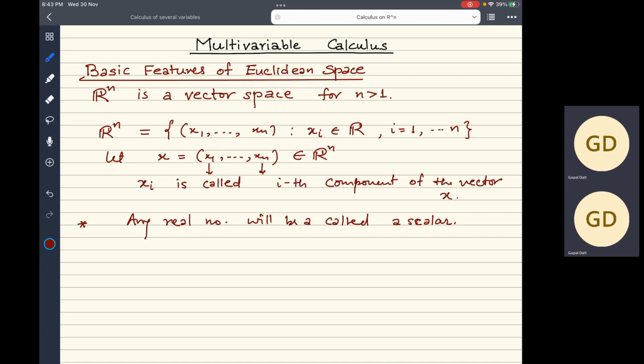Just as the real numbers are represented by points on the real line, this is the number line, and any real number is denoted by a point, in the same manner, any x which is x1 to xn in Rn represents a point in Rn.